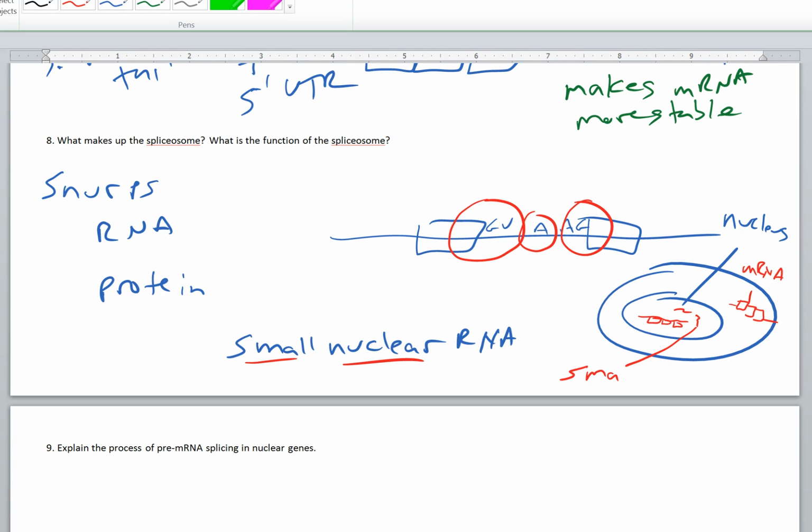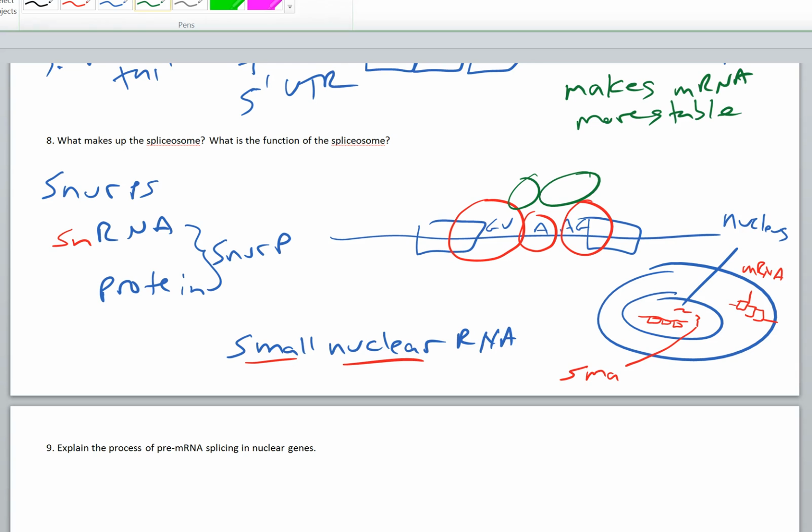So SNRPs are made up of small nuclear RNAs called snRNAs, and then various proteins, and together this makes a SNRP. And all of these SNRPs together, with some other proteins and some little RNAs in there, together this whole thing is called the spliceosome.